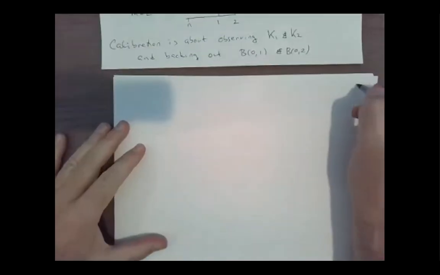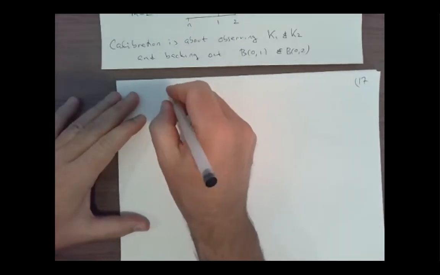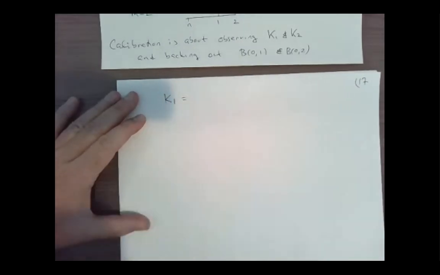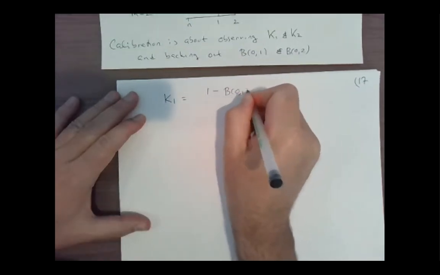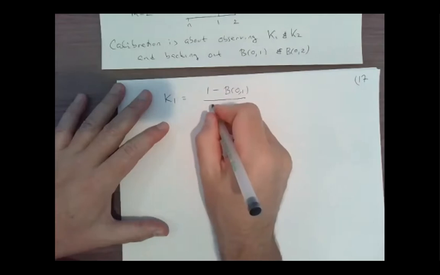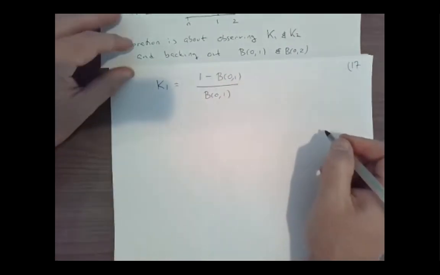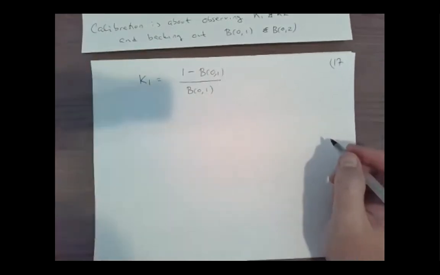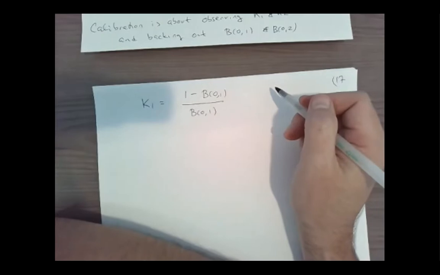How would we do it? Well, we will use that formula. So we will use that K1 is equal to 1 minus B01 divided by B01. So this is one equation and one unknown.